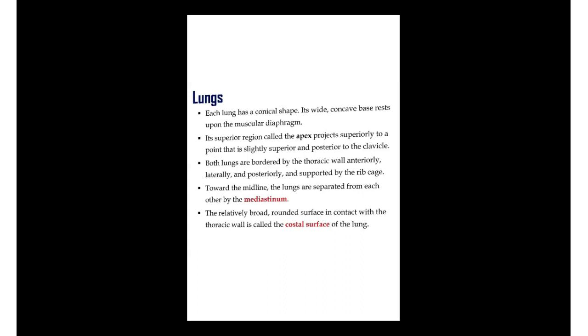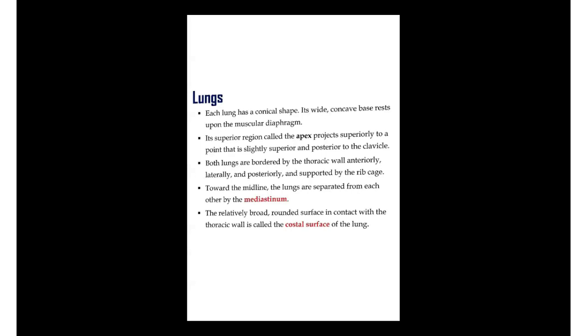And both lungs are bordered by the thoracic wall anteriorly, laterally, posteriorly and supported by the rib cage. They are kept in your rib cage and lined by thoracic walls, anteriorly, posteriorly and laterally.